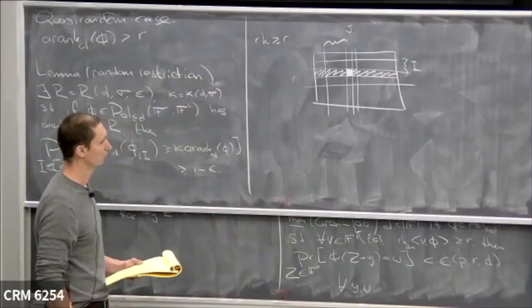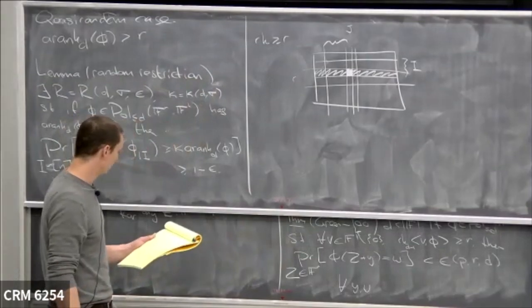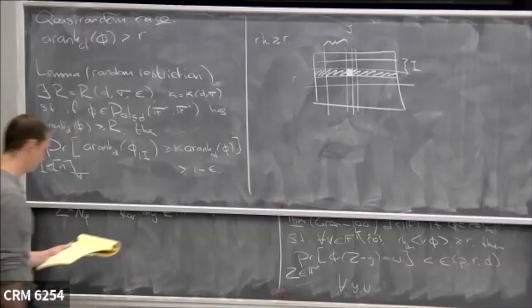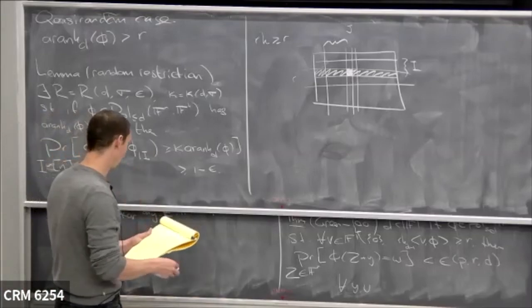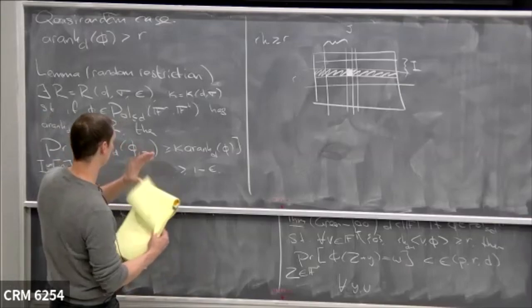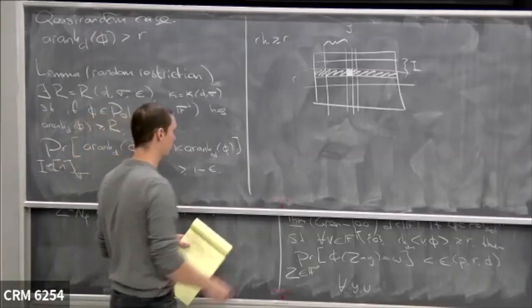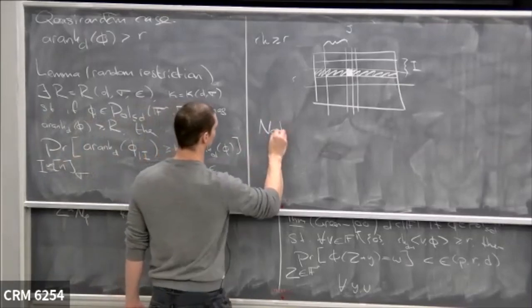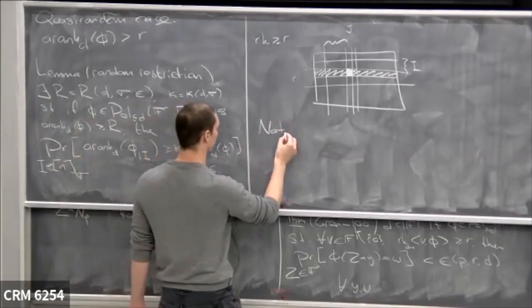I want to say a few more general things and ask a question. The general thing I want to say is that we can prove a result like this, not just for polynomial rank, but for fairly natural functions that resemble properties you would expect from a rank function. So for both polynomial maps and for tensors, we can prove a result like this for things that we call natural rank functions.